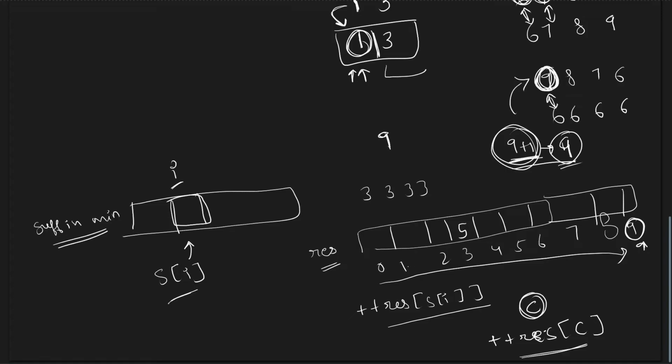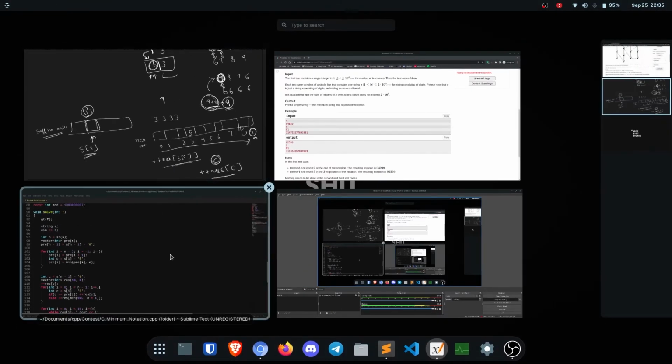And those elements which I did not change, when s of i is equal to the ith element in the suffix minimum vector, would already be present in ascending order. So I do not need to change their location at all. And for those elements whose location I have to change, I can just sort them and have them in my result. So let me show you the code and it will be more clear.